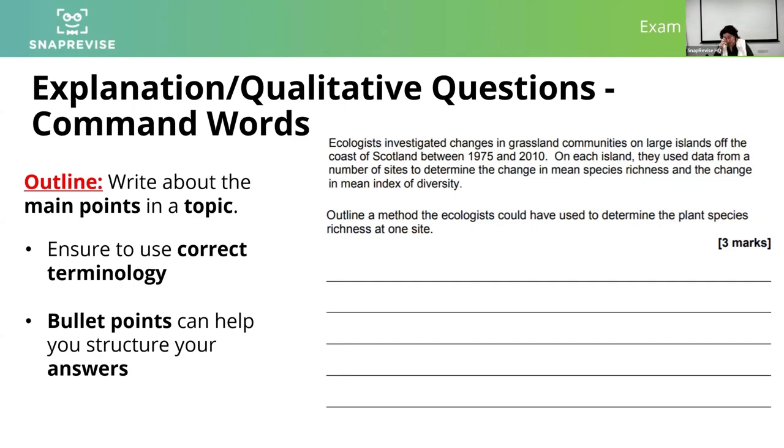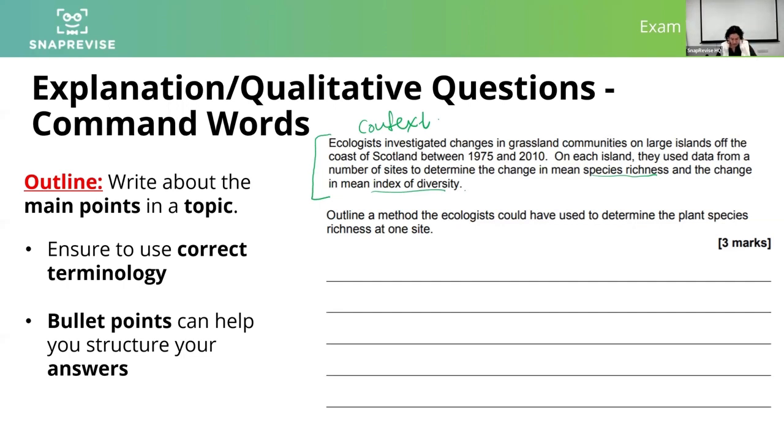Let's break down the question into our 3 parts again. So my context is all of this. It tells me that I'm dealing with these concepts of my specification: species richness, index of diversity.